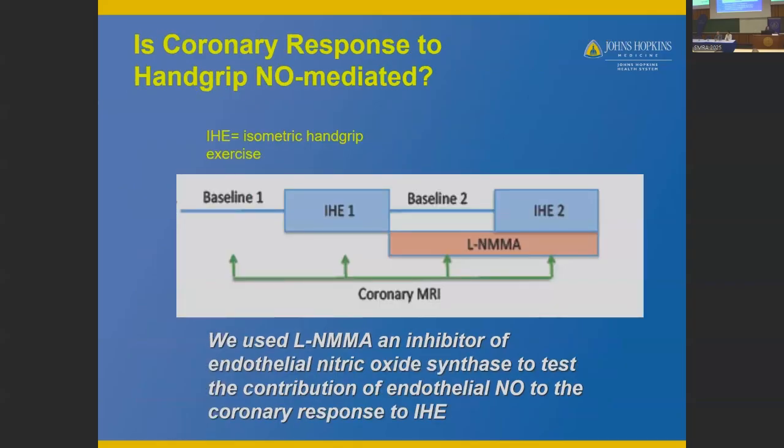In this experiment, we performed coronary MR at baseline. We had isometric hand grip exercise number 1 without anything, just like we usually do. Then we administered the blocker of nitric oxide synthase, L-NMMA, and repeated the hand grip. We used this as an inhibitor to see if the response disappeared in healthy individuals who have high levels of nitric oxide.